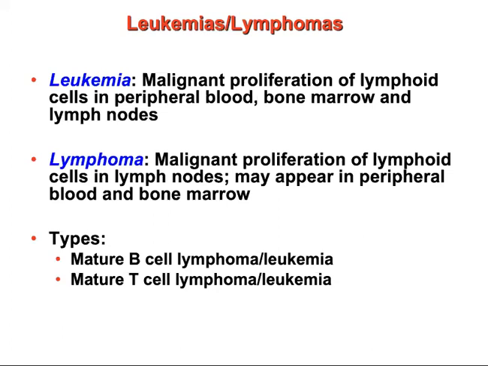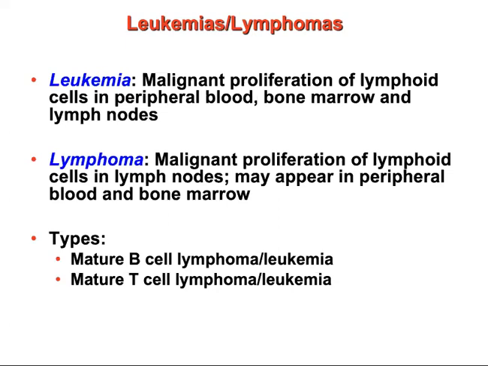Lymphoma is recognized when there is malignant proliferation of lymphoid cells in the lymph nodes that may eventually appear in peripheral blood and also in the bone marrow. But the initiation of the proliferation of lymphoid cells starts in the lymph nodes, okay? But then it could go into the bone marrow, it could go into the peripheral circulation.